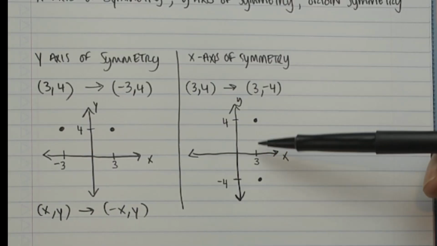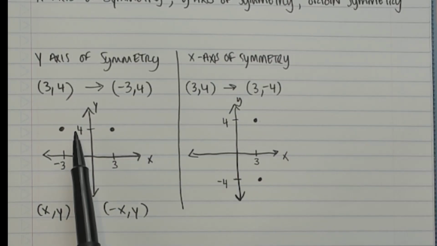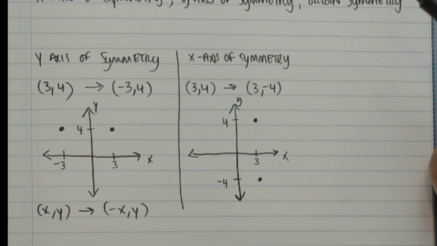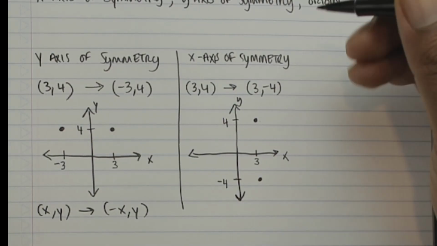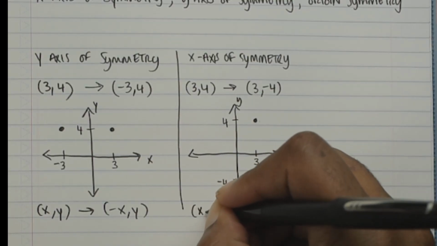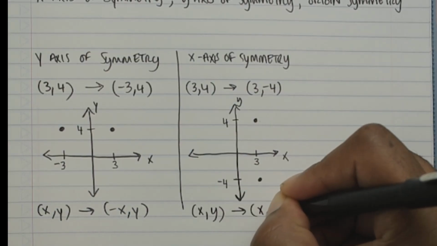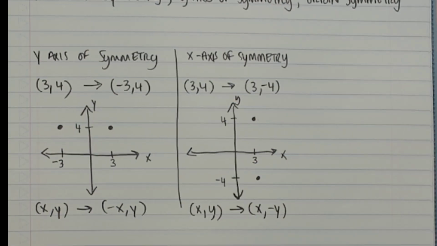So notice it's a reflection across the x-axis, as opposed to a y-axis of symmetry being reflective across the y-axis. We can also look at this as (x, y) tends to (x, -y). So this time the x coordinate stays the same, and the y coordinate changes sign.